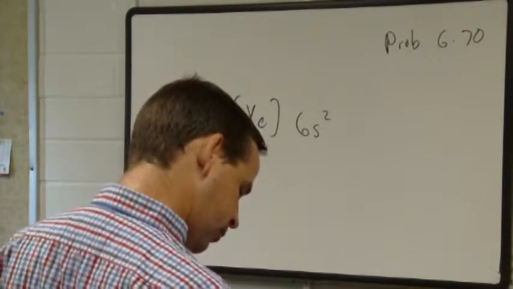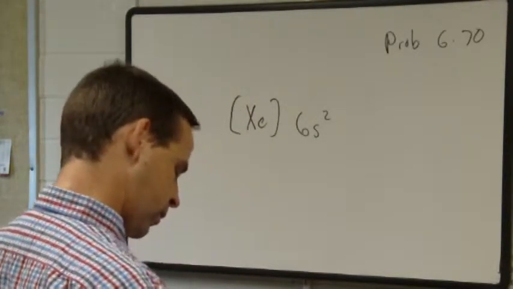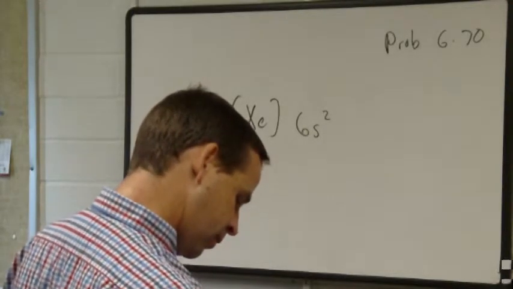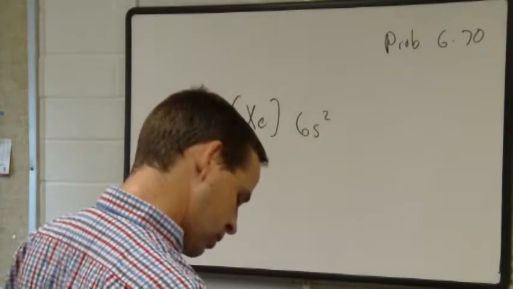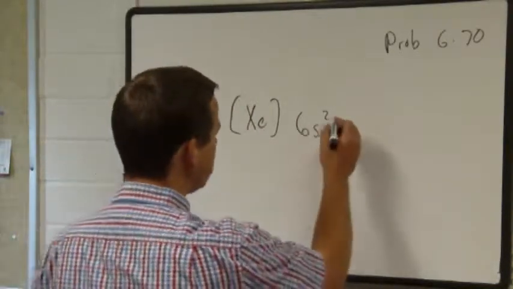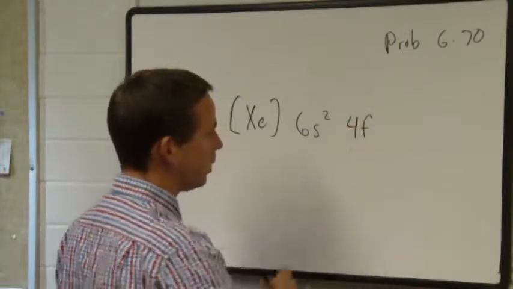So that is 4f, right? Now these actually are in the 6th row, but because they're the f orbitals, the number is down two, so it's 4f.